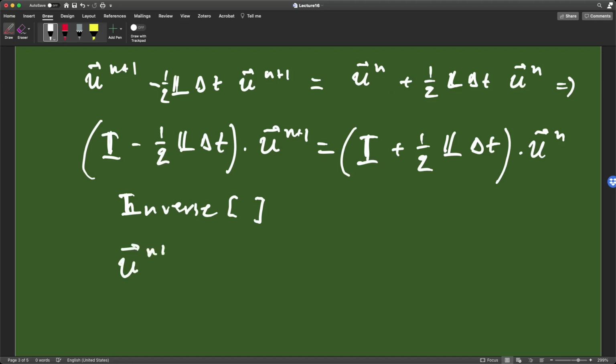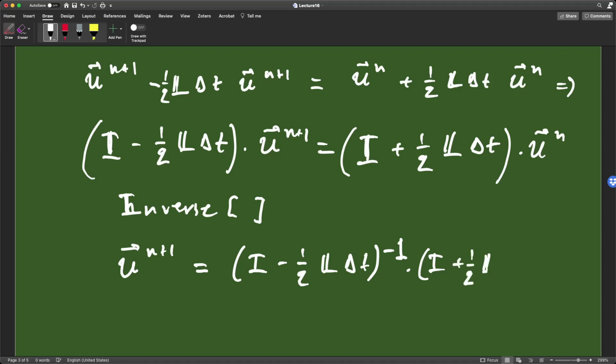Un+1 is the unit matrix minus 1/2 L delta t. So we can multiply both sides by the inverse of this matrix basically, and then that will be dotted onto the unit matrix plus 1/2 L delta t, and then that will be dotted onto Un.